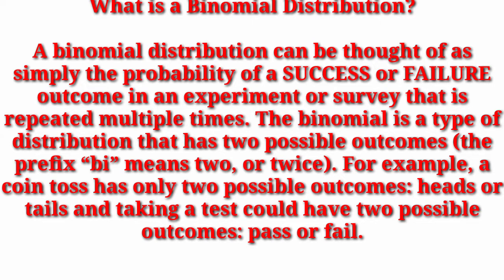The binomial is a type of distribution that has two possible outcomes. The prefix 'bi' means two or twice. For example, a coin toss has only two possible outcomes, heads or tails, and taking a test could have two possible outcomes, pass or fail. Right students? Is it clear?